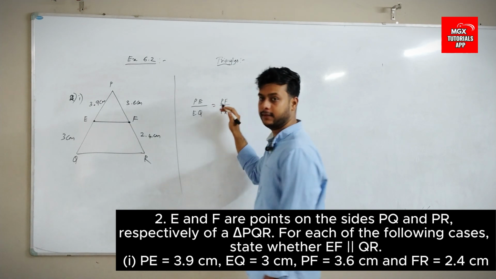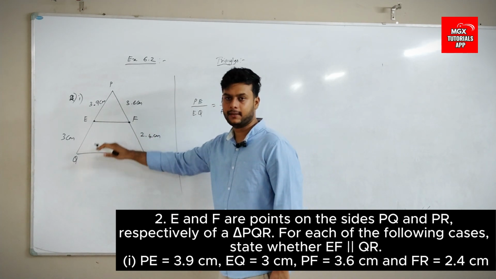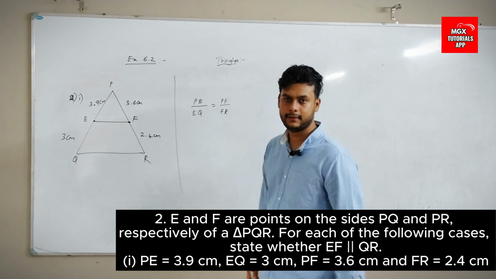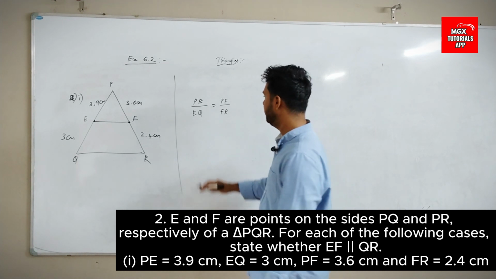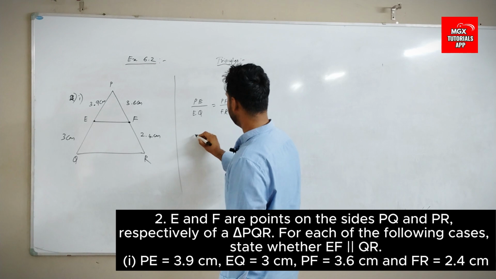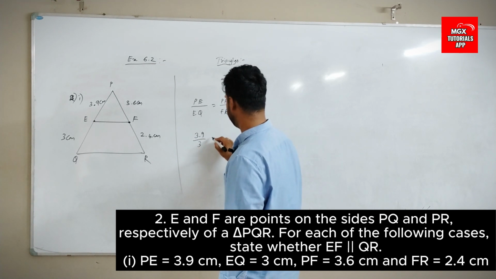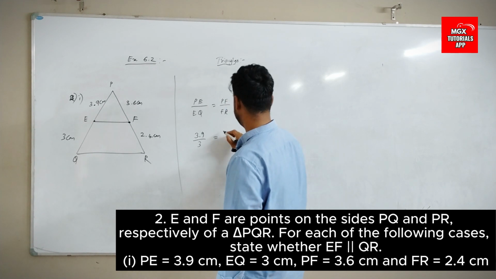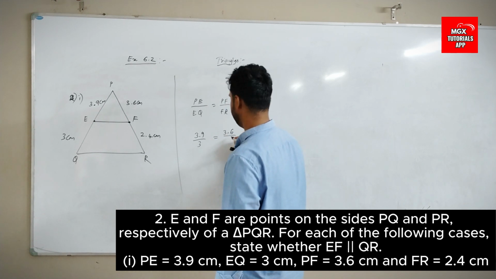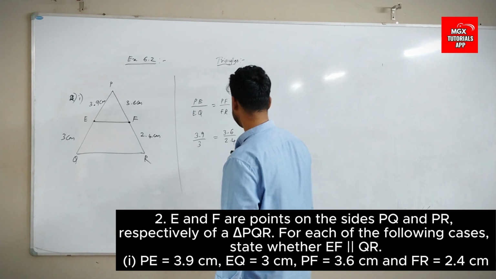If this is working, then we can tell that EF is parallel to QR. Correct? PE is how much? 3.9 centimeter. EQ 3 centimeter. PF 3.6 by 2.4.